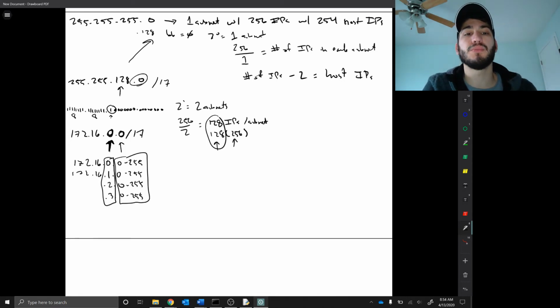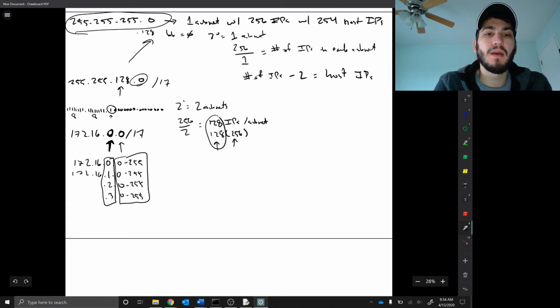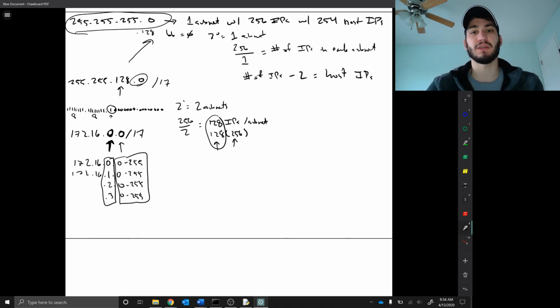So for your home, you probably won't ever have anything different than this type of subnet. We have one subnet, 256 IPs, because you want everything to be able to talk to each other on your home network. But if you have a bigger business, you may not want everything to talk to each other, and you may have more than 256 devices on your network.